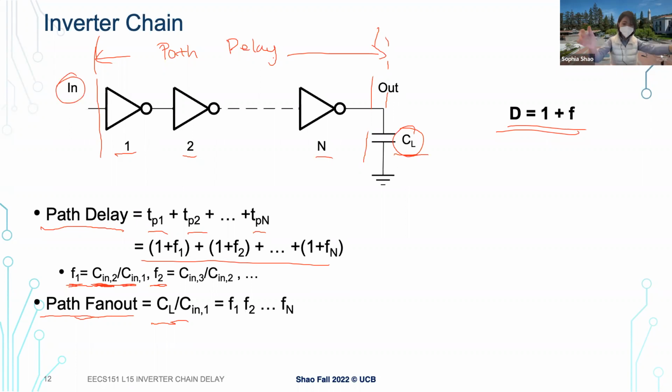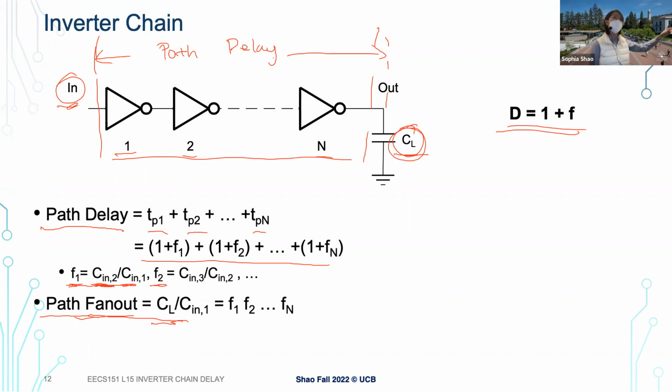Ignore everything in between. This is our load and this is the input. So the path fan-out is basically the load capacitance divided by the input capacitance. That's the setup.